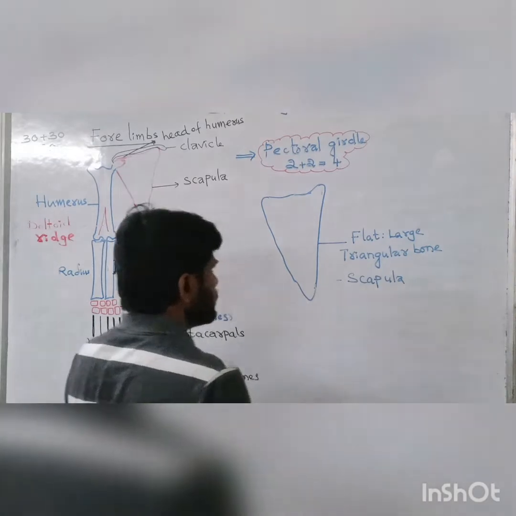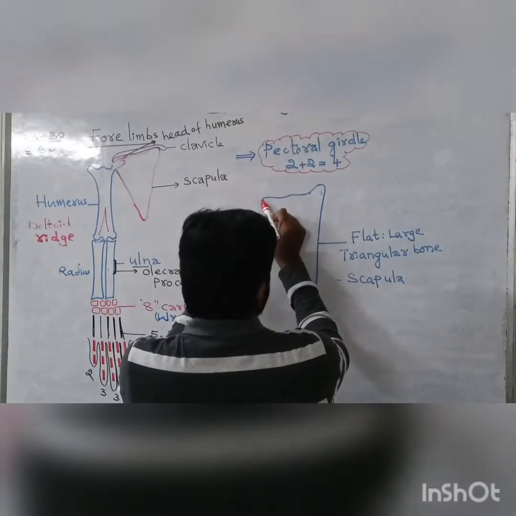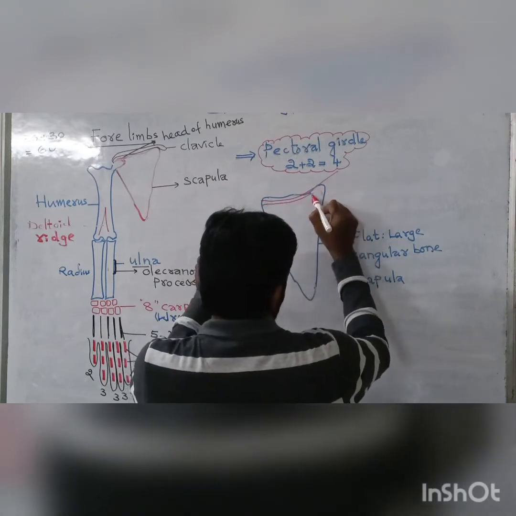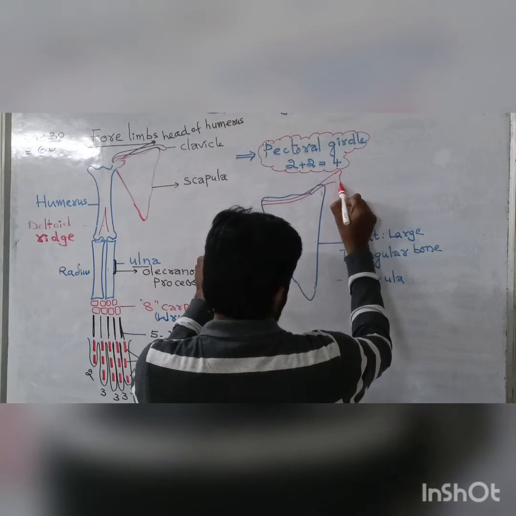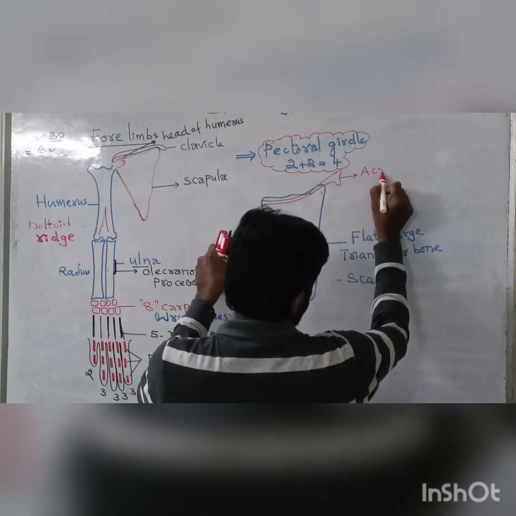This is the scapula, but the scapula has a spine. This is the spine of the scapula, and the scapula ends with a process called the acromion process.